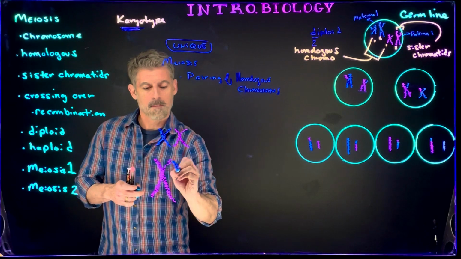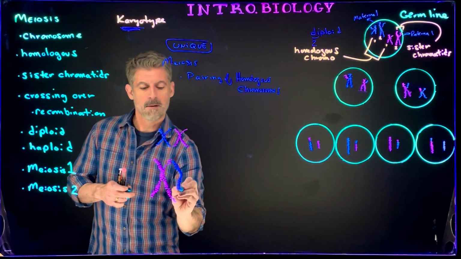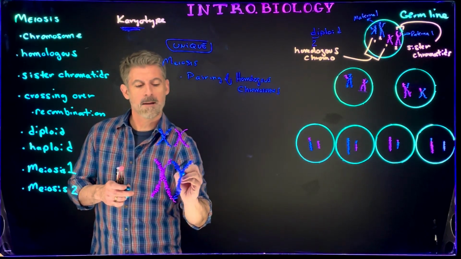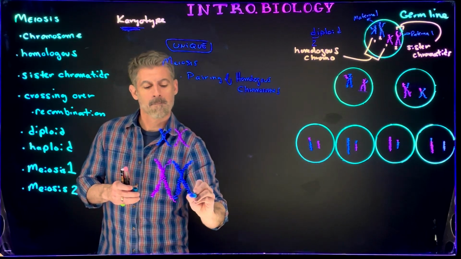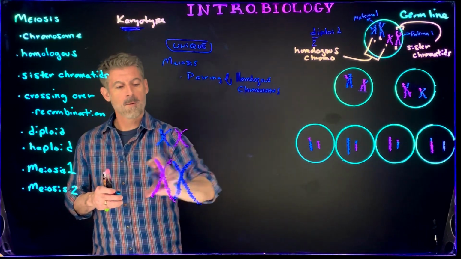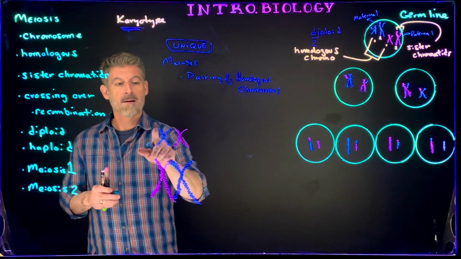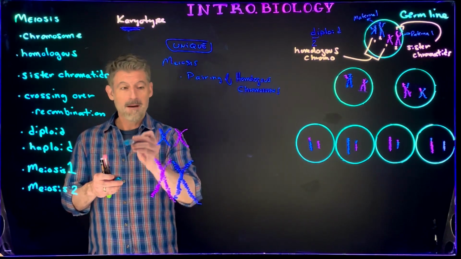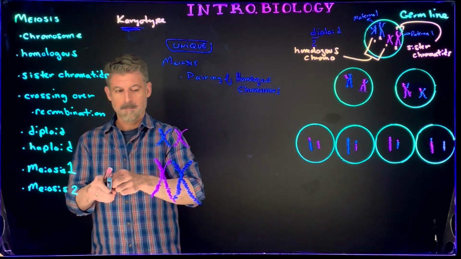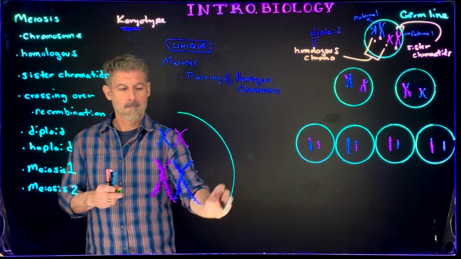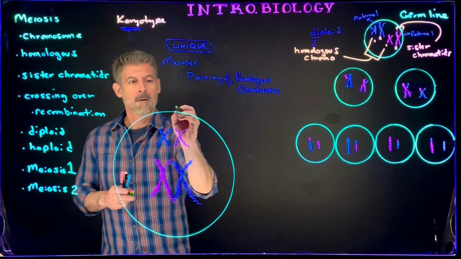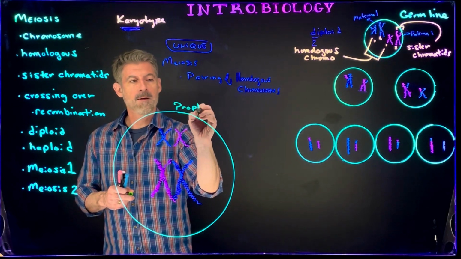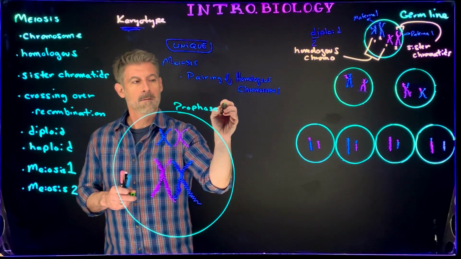Okay, so maternal and paternal chromosomes, homologous chromosomes, are pairing up. So here, these are chromosome number 1, this is chromosome number 2, right? The mother's chromosomes, the father's chromosomes. They now pair up during what's called prophase 1.